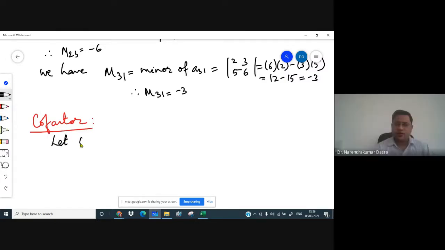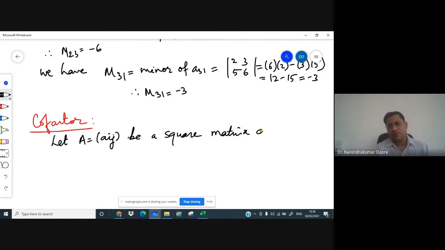Let A equal to Aij be a square matrix of order n.